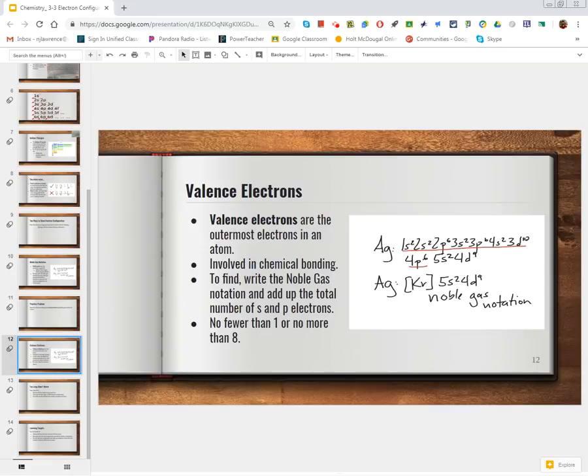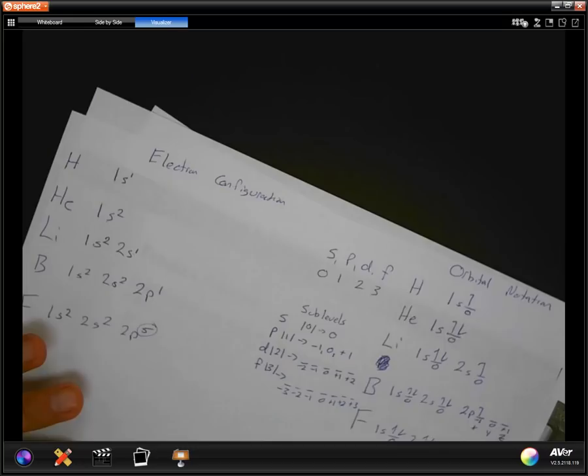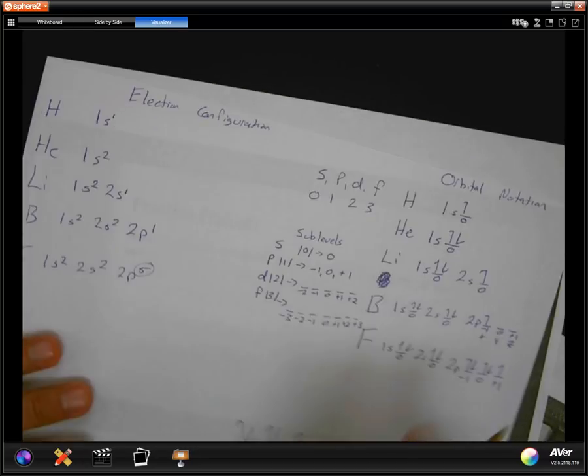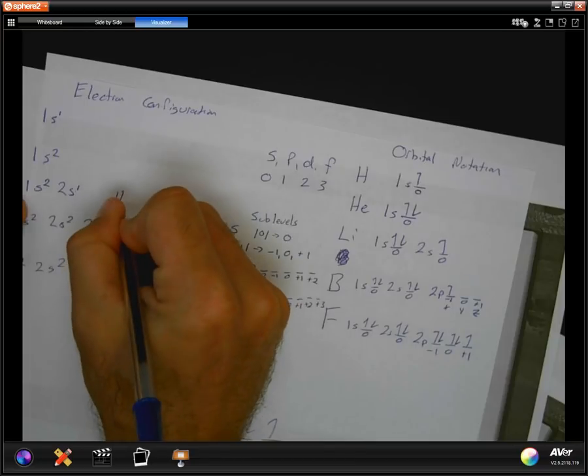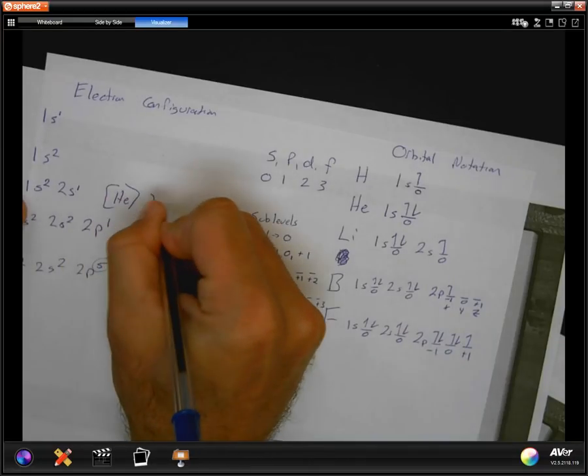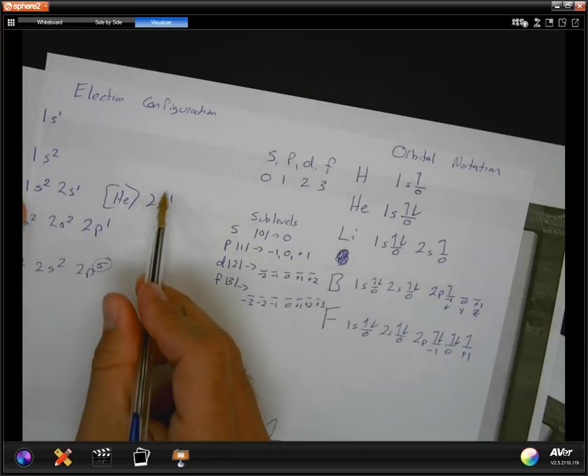So if I go back here and I look at one of the previous problems that we did, if I was to write these in noble gas notation, it is written in a way to show me just the valence electron.